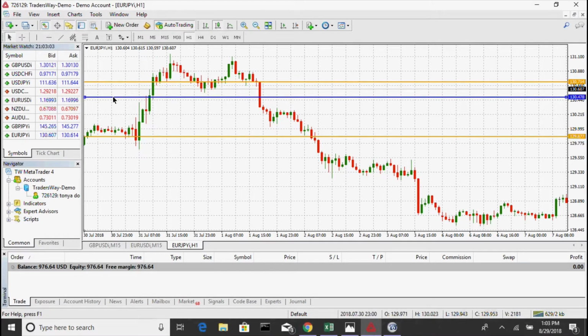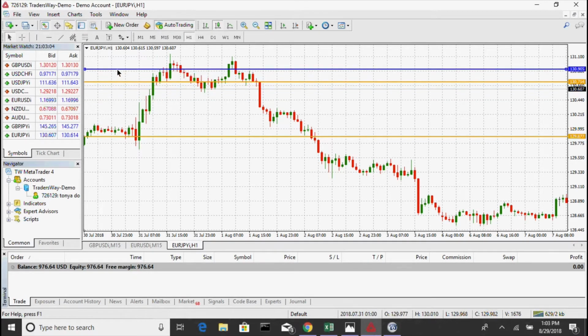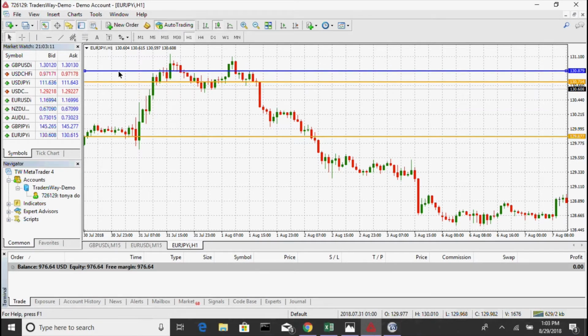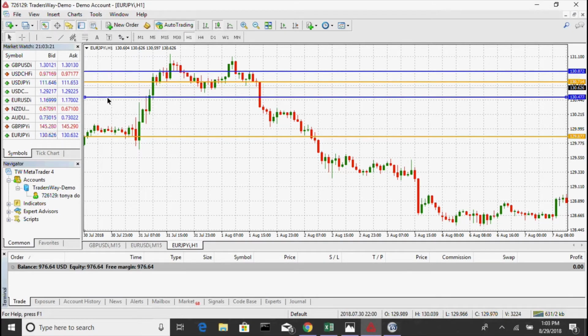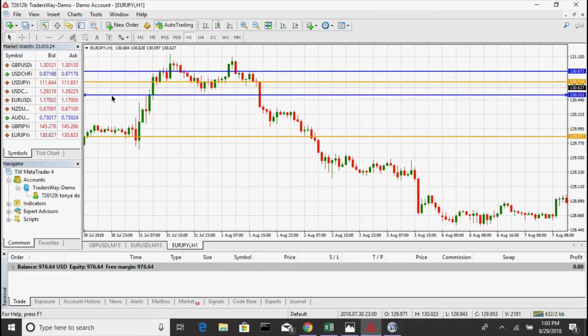Move my line. Looks like it's about 16 pips apart, which is good. Set one below price action. Let's see.